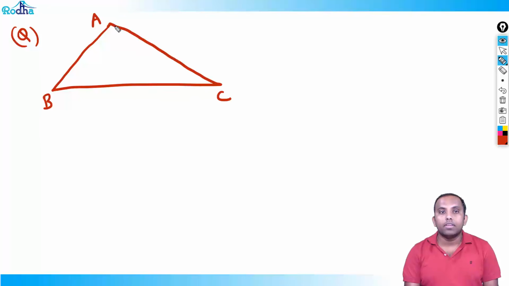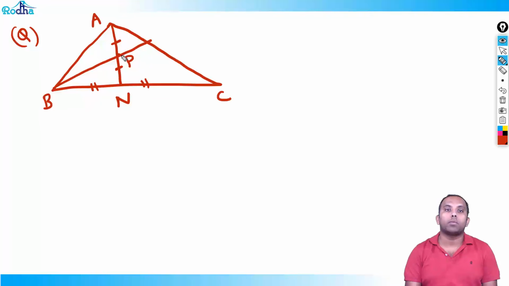Now ABC is a triangle here. N is the midpoint of BC, I'm marking it, and P is the midpoint of AN. Let this point be Q, right?